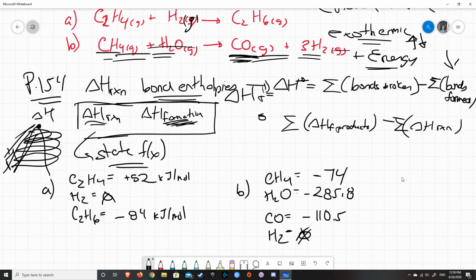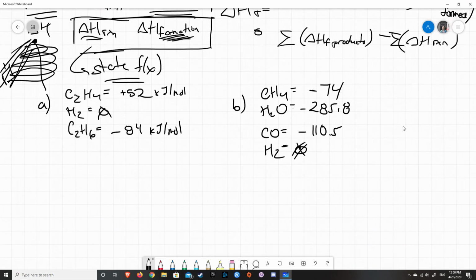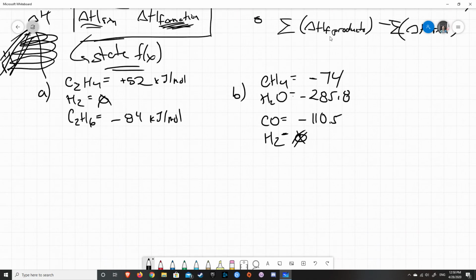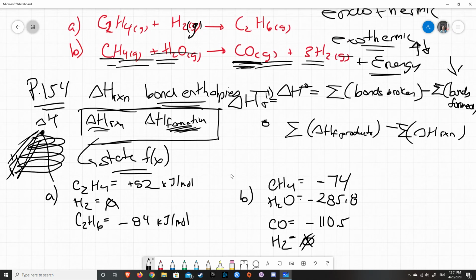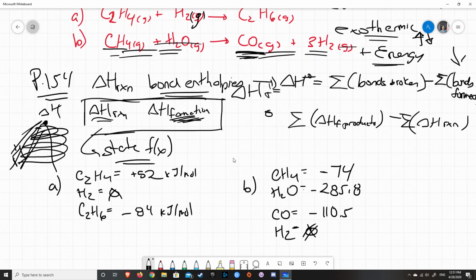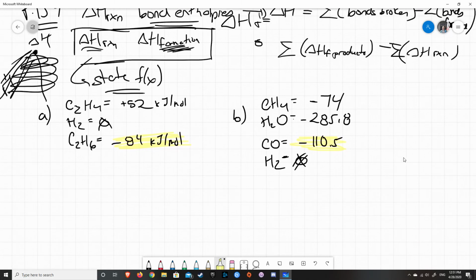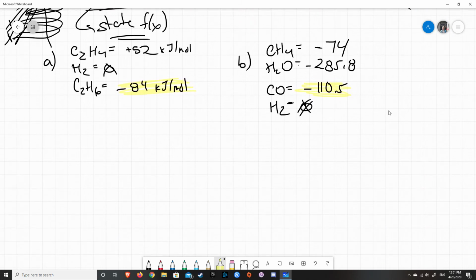So then we could use those equations that I wrote up top. Delta H of products, which in this case, I'll highlight our products just to save me a bit of time, minus delta H of the reactants. So let's do this.